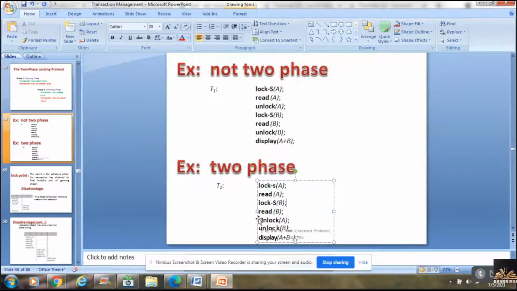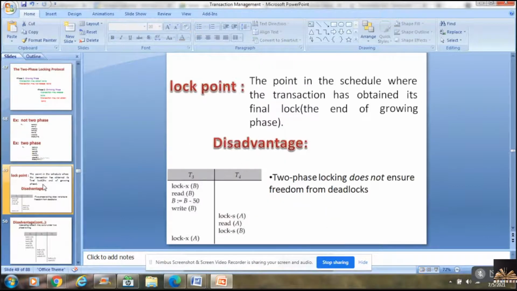Once it unlocks a lock on a database item, it enters the shrinking phase. Here the growing phase starts. This is the lock point, and here the shrinking phase starts. Once you enter the shrinking phase, you can no longer acquire any more locks. So I told you what a lock point is.